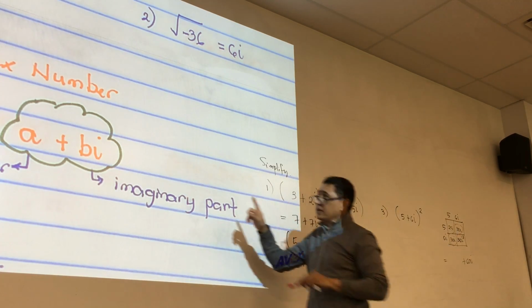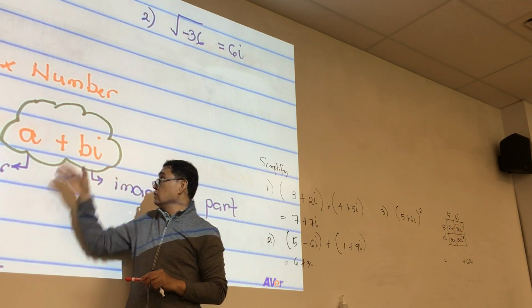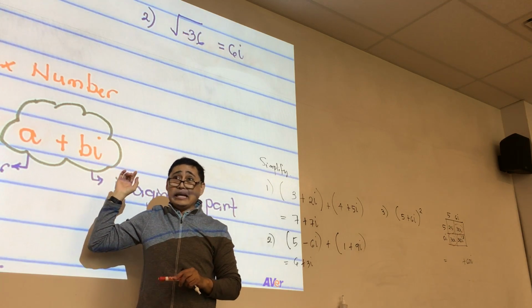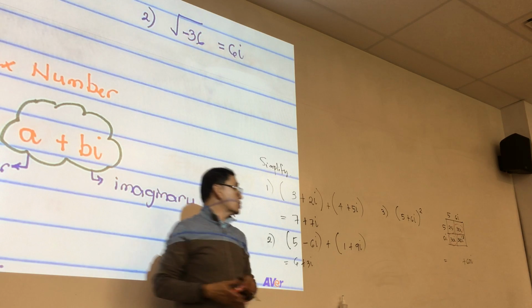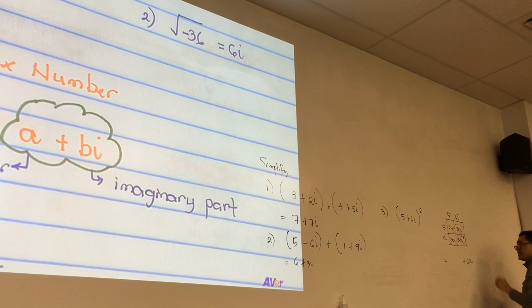A complex number only has a plus bi, 2 terms, or just the real part or an imaginary part. Is that right? Yeah. It can never be a trinomial. That's a trinomial, right? But then what is i squared, everyone? Negative 1.